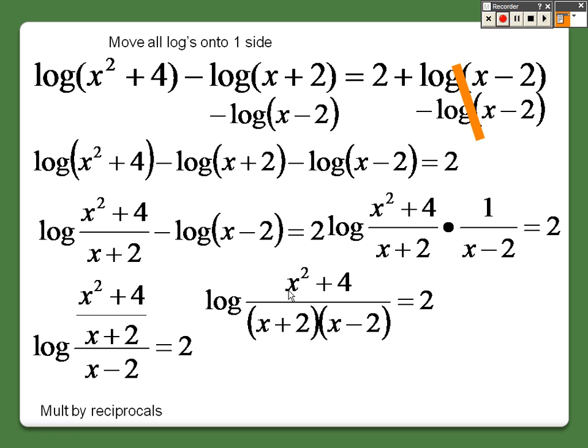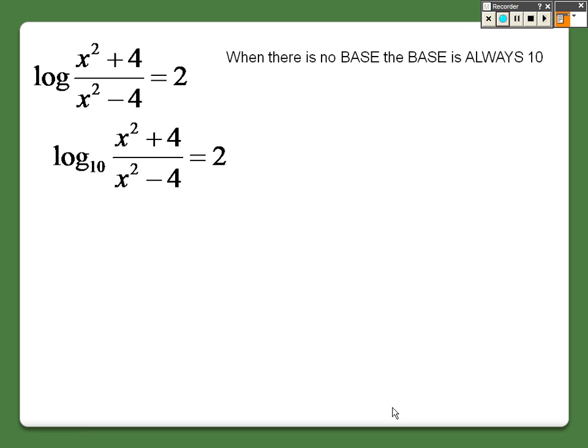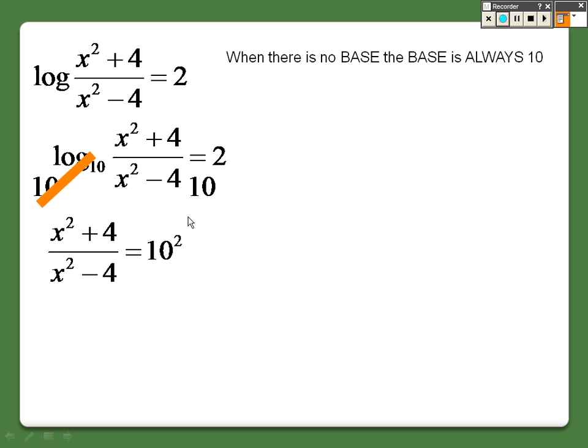If I wanted to, I can FOIL the bottom to get x squared minus 4, because you end up getting a 2x and a negative 2x, which cancels out. Remember, when there is no base there, it's like saying base 10, so I can take this to the 10 and that to the 10, which when I do that, those cancel. So I get all of this equals 10 squared, which is 100.